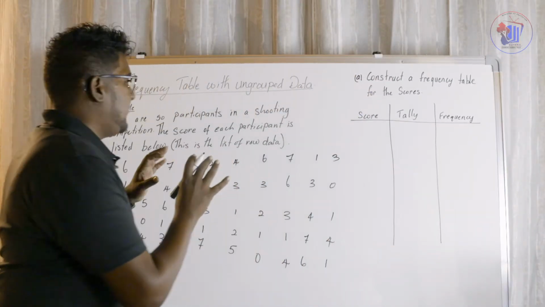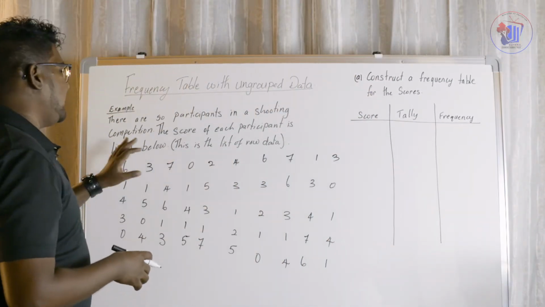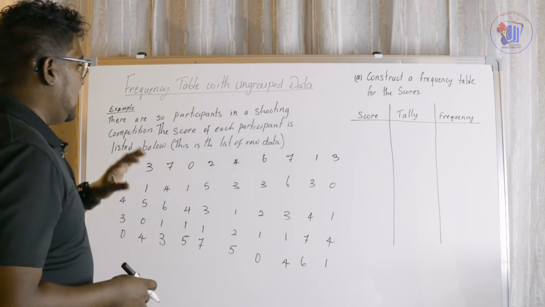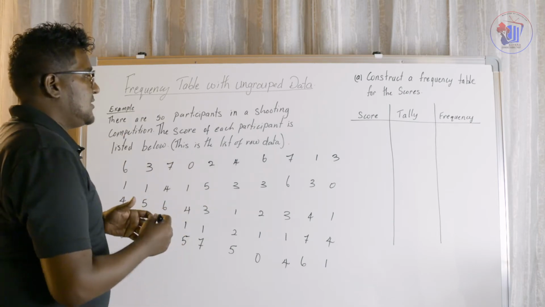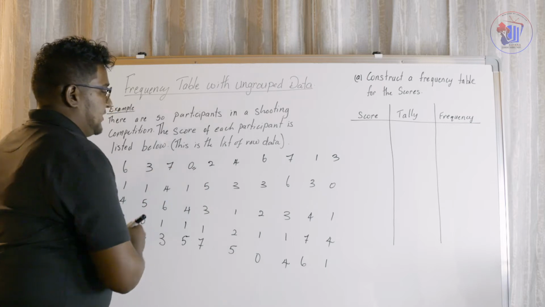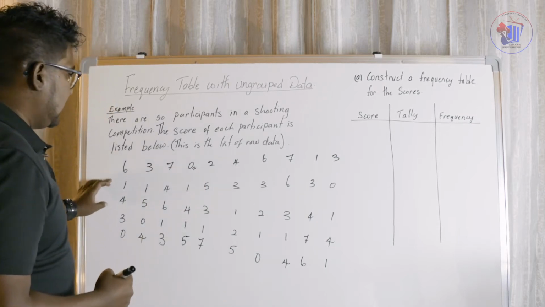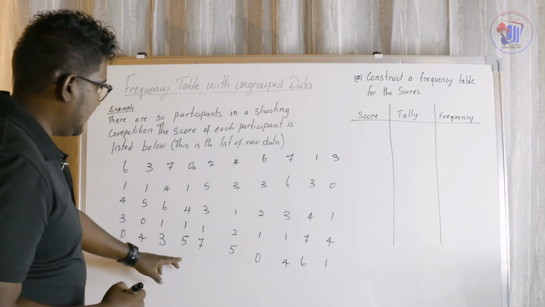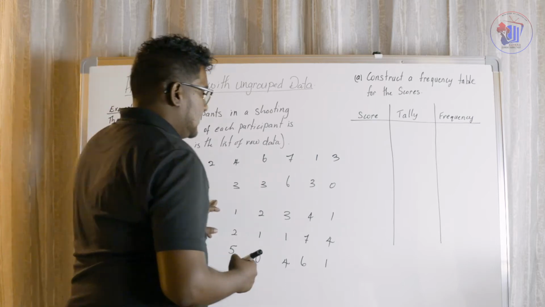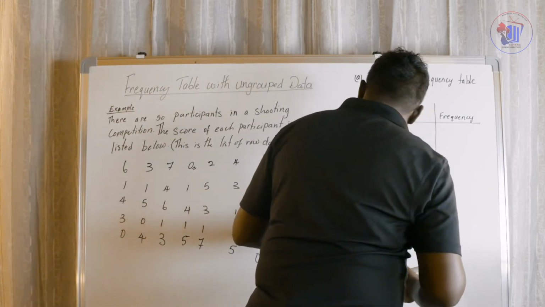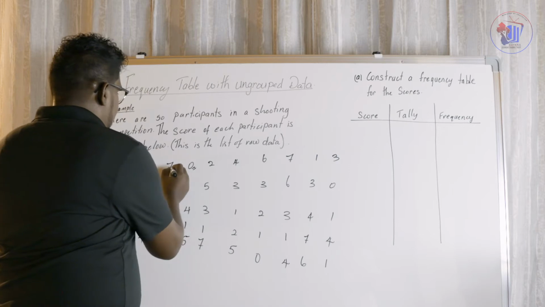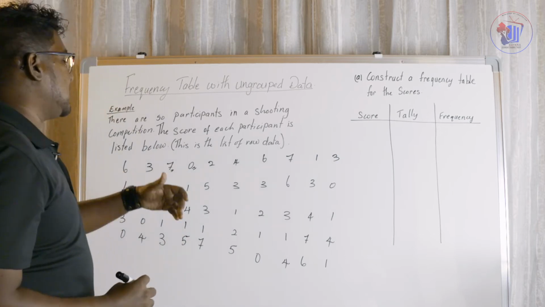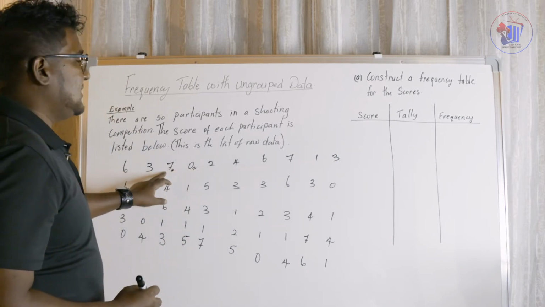Good. So for the score part, we have to look at the raw data. The smallest score we're working with is 0, and the largest number we have here is 7. So that means my score is going to go from 0 to 7.